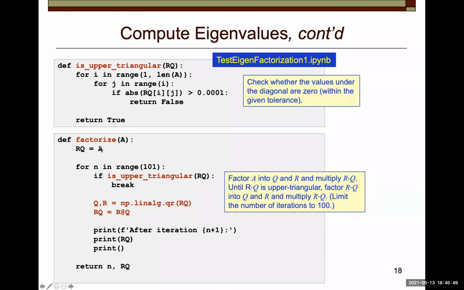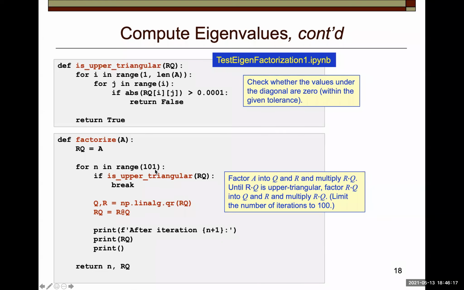All right, here's another function, factorize. You give it an A. I'm going to start by setting RQ to be A, so RQ will start out being A. And I check, maybe we're lucky and RQ is already upper triangular. So the first thing I do is check. Otherwise, I'm going to do that repeated multiplication, and I'm going to put an upper limit on it.